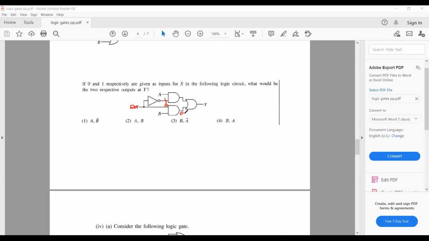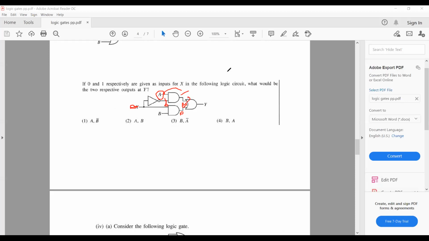Here it depends. If you have 0, your output will be 0. If A is 1, your output will be 1. That means this output depends on this one. So no any doubts, right?